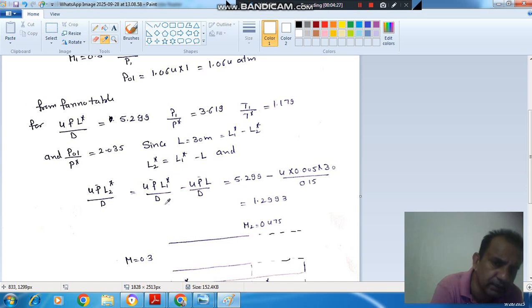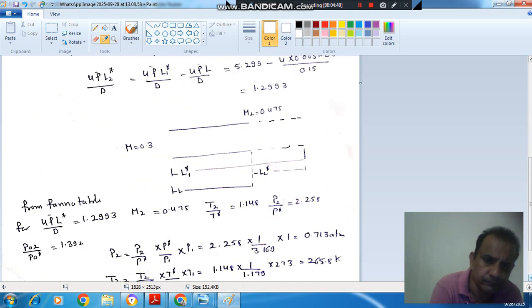So directly we can put 4 into f into L by 0.15, and get 4f L2 star by D as 1.2993.